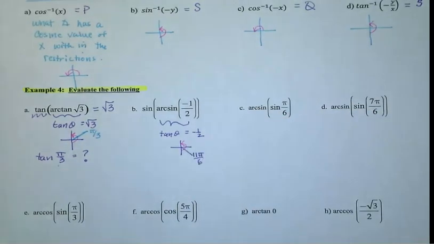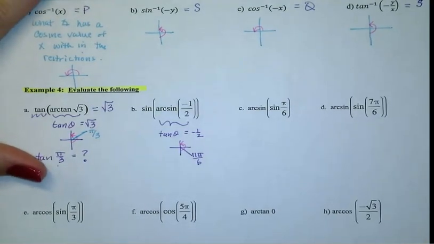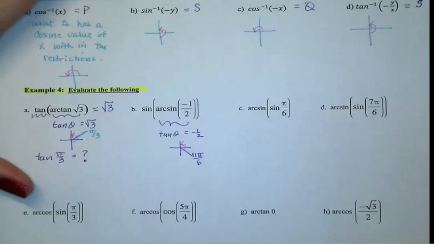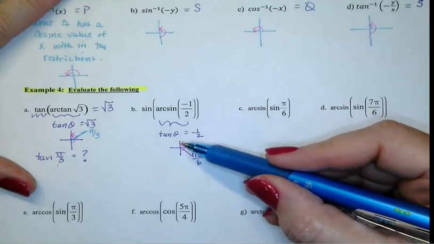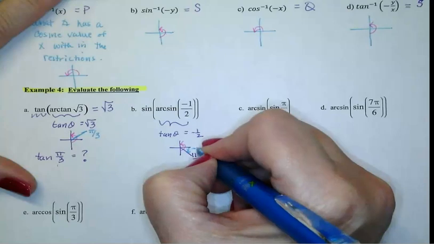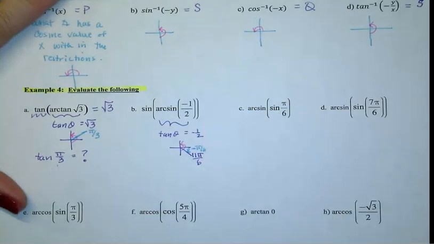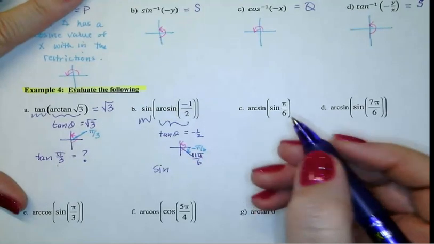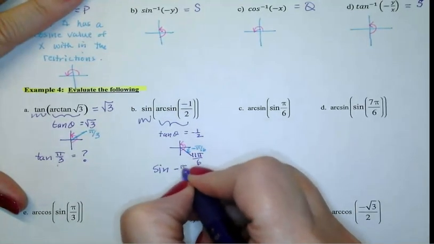So we know from our study of the unit circle that in the fourth quadrant, we have an angle which is 11π/6 that has a value of -1/2. However, 11π/6 is bigger than the π/2 angle, so that means we're going to have to go backwards and look at the -π/6 angle. So now we have sine of -π/6.